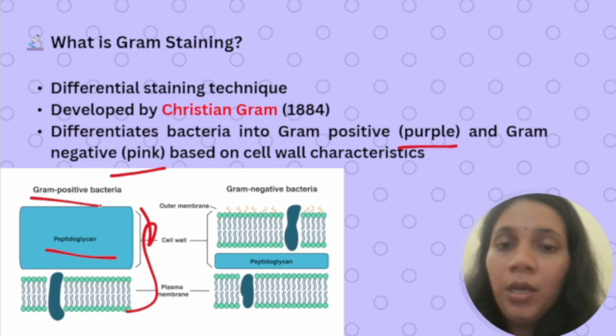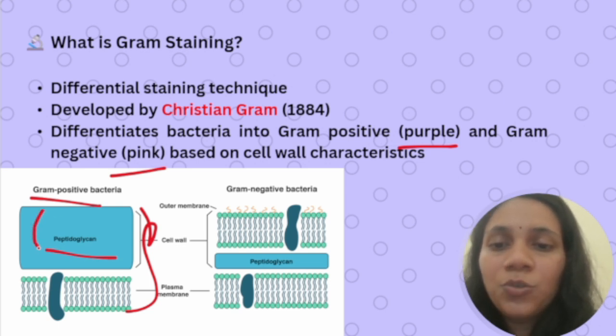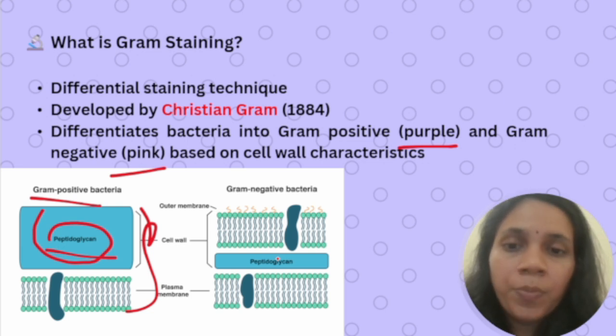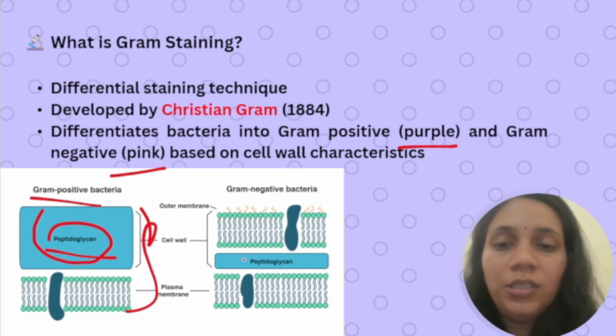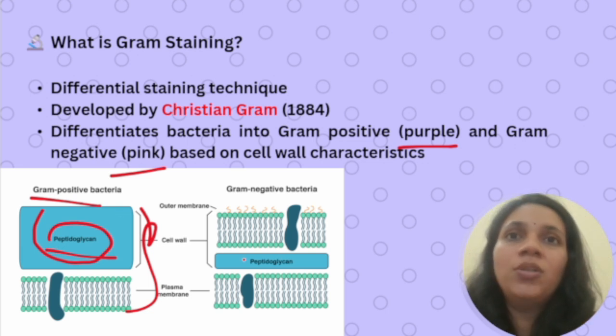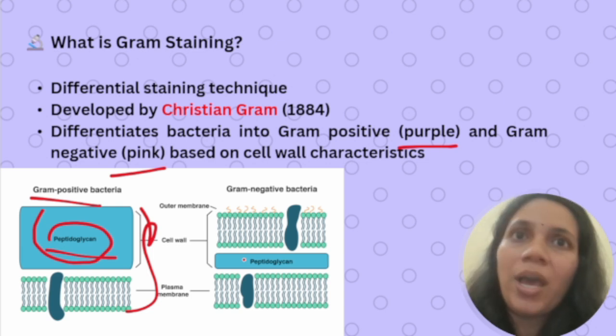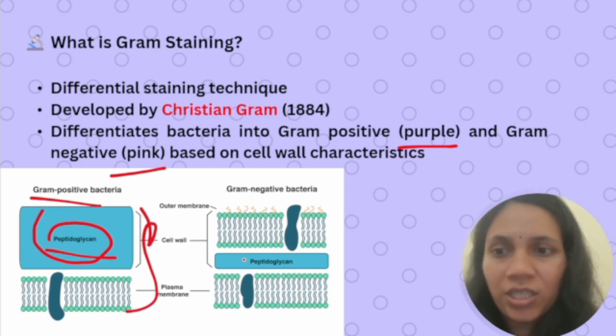Now, as I discussed the reagents, the primary stain, crystal violet, binds to the peptidoglycan layer in both types of bacteria. But see the difference in thickness. Based on that, you can imagine that the amount of crystal violet taken up will be more in gram positive as compared to gram negative bacteria.